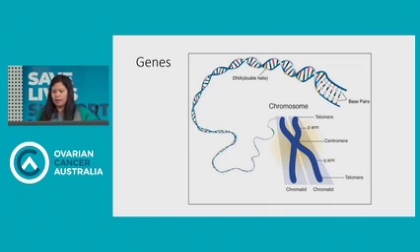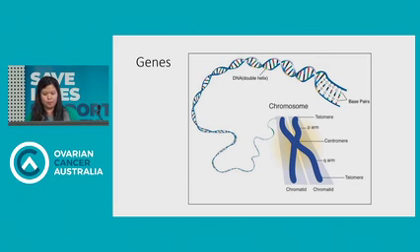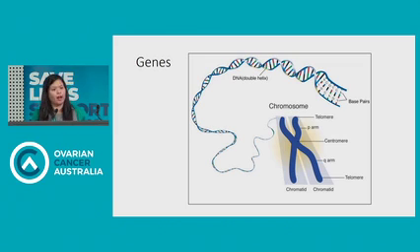Our chromosomes carry our genes, which are stretches of DNA with the instructions for how different parts of our body should function, and how we should grow and develop. We have approximately 20,000 genes that help us do that. Besides the genes on the X and Y chromosomes, we have 2 copies of every gene.